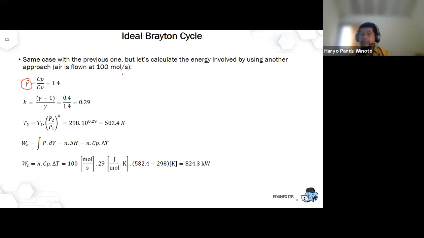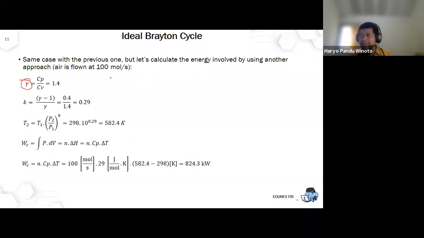And when you are getting stuck, suppose you are working with air, with a waste heat boiler or anything else, always use this approach.